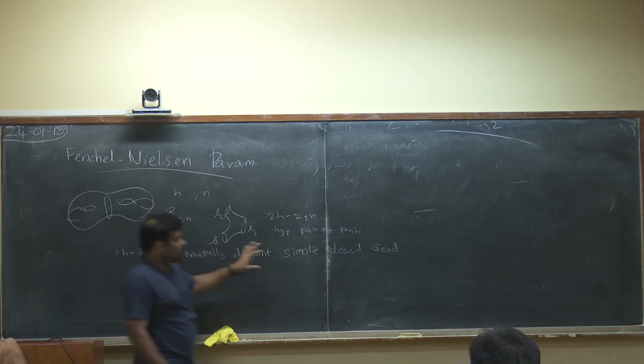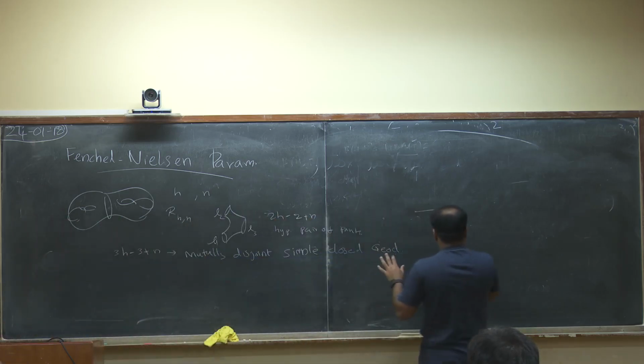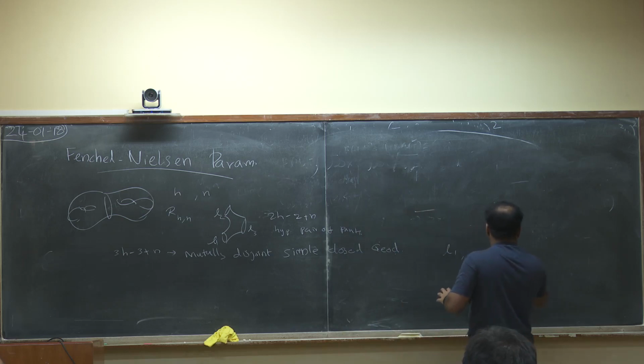Once you specify the lengths of these, say L1 to L3h minus 3 plus n, you are fixing the complex structure of the component pairs of pants.